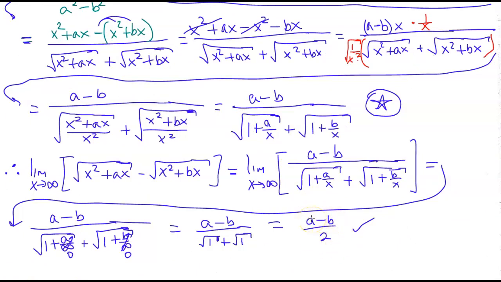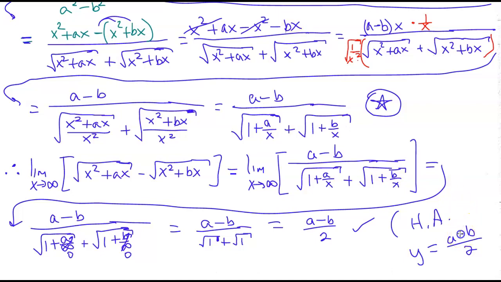So we know that the end behavior approaches some y value for that particular function. To put that in another way, we essentially have a horizontal asymptote at y equals a minus b divided by 2, okay?